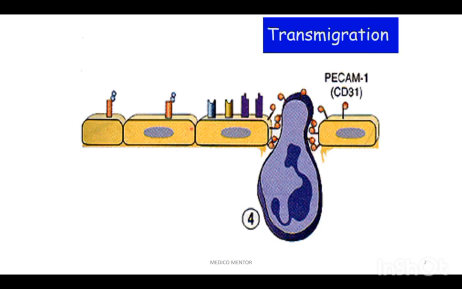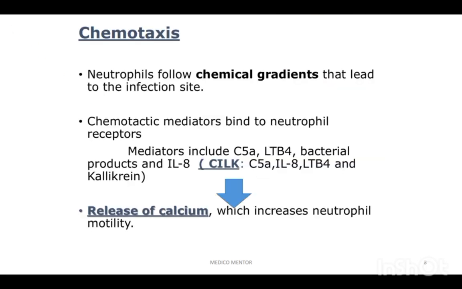This slide shows the increased vascular permeability and the movement of the neutrophil outside from the blood vessel after the interaction between the similar receptors present over the surface of the neutrophil and the endothelial cells. The name of the receptor is PECAM1 or CD31.